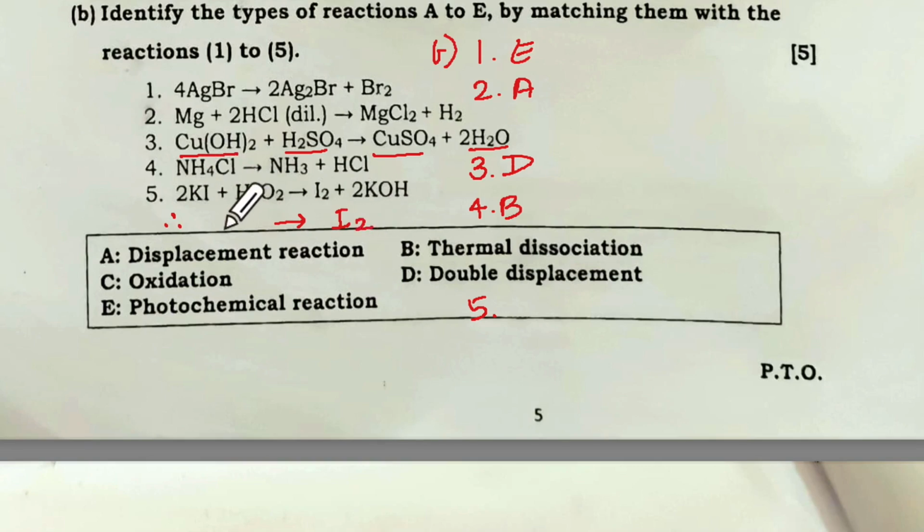What is giving me I2? K is giving I2. 2I minus is becoming I2. So 2I minus will have to lose 2 electrons. Understanding?